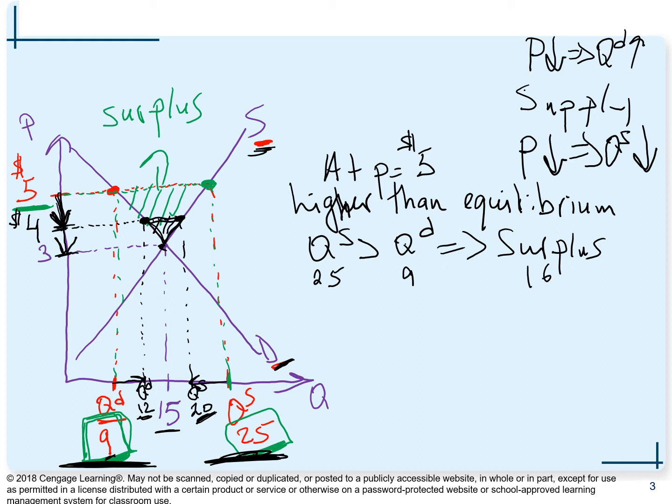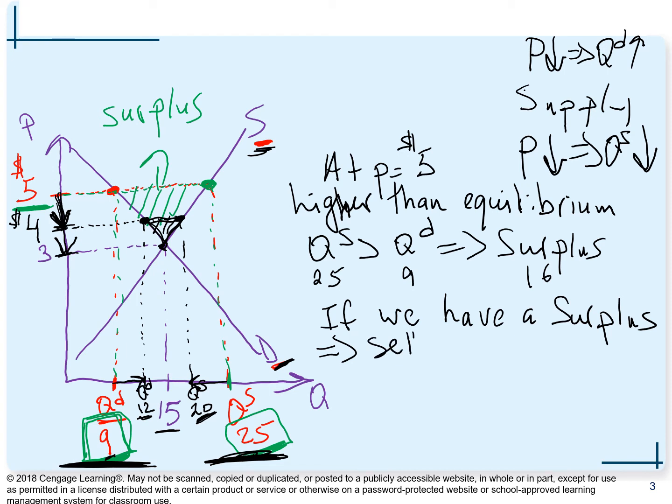So the actions of buyers and sellers, remember, are naturally going to move our market to equilibrium because, once again, if we have a surplus, then sellers lower the price of the product.